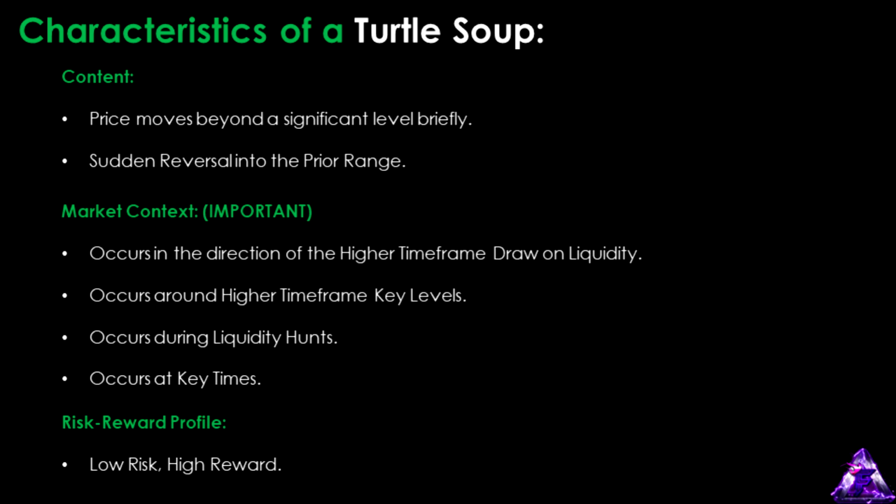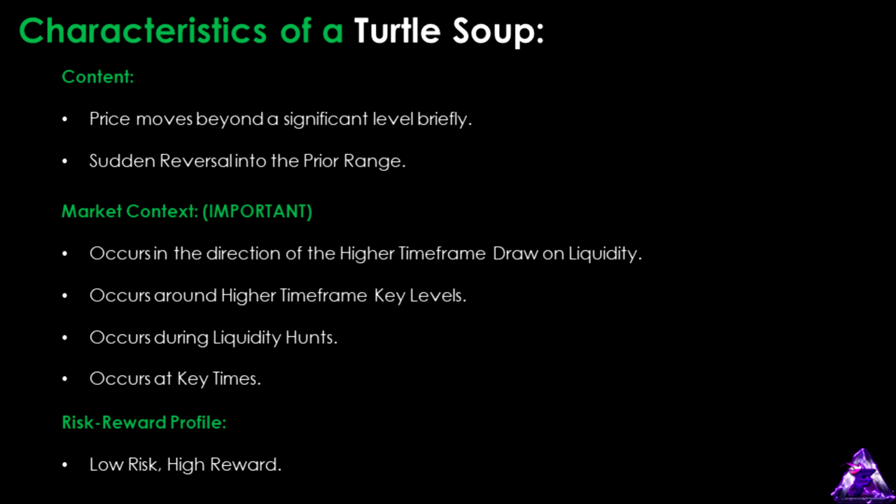Now, let's talk about the market context in which this occurs. To increase the probability of a successful turtle soup entry, it must align with specific market conditions and narratives. First, it should occur in the direction of the higher time frame draw on liquidity. Turtle soup entries are the most effective when they align with the broader liquidity trend.